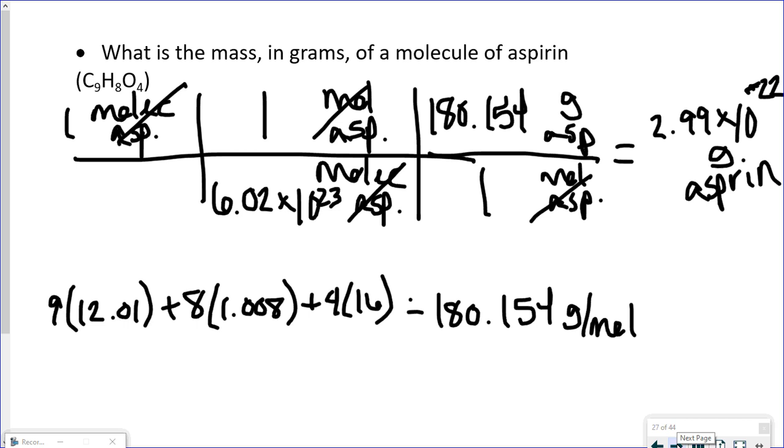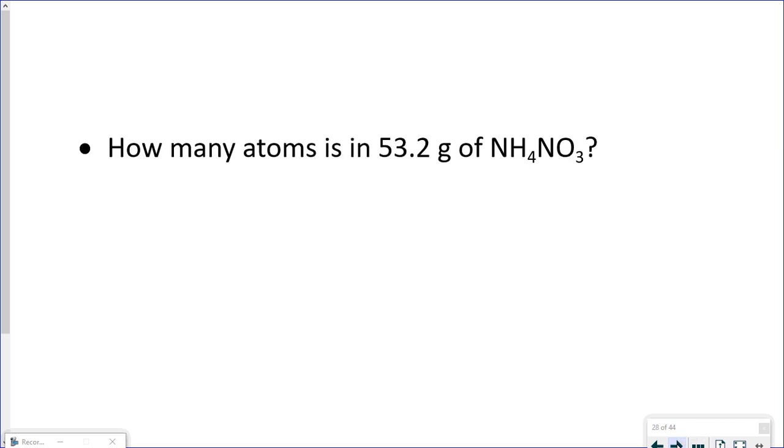Let's look at one more. How many atoms are in 53.2 grams of ammonium nitrate? Same deal. Start with what is given.